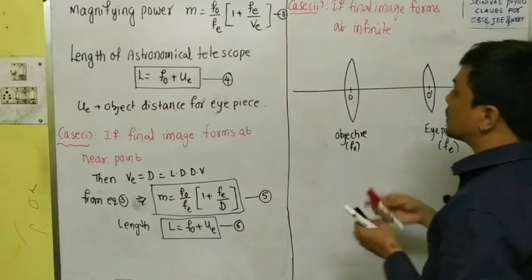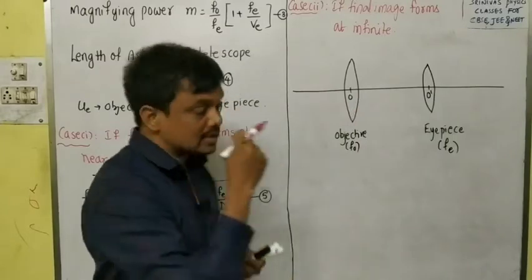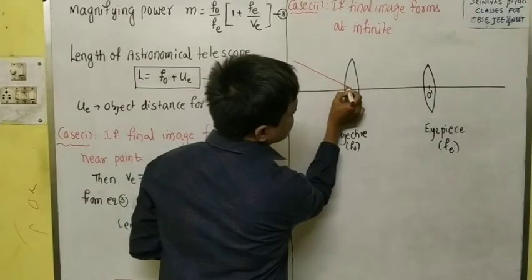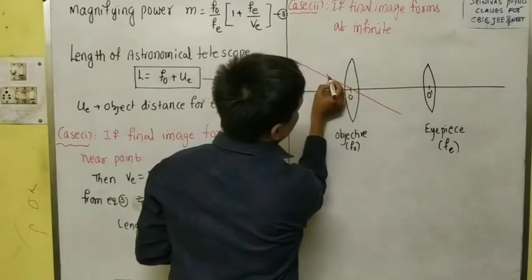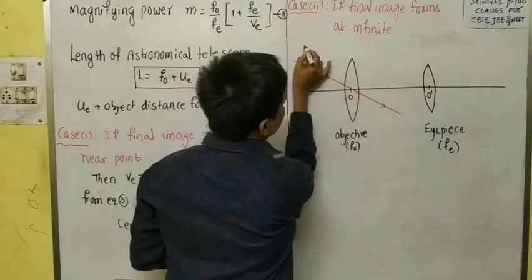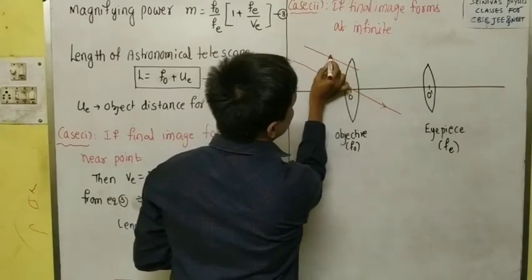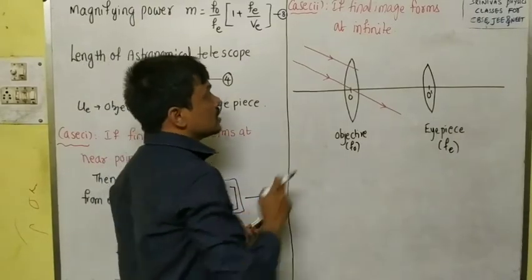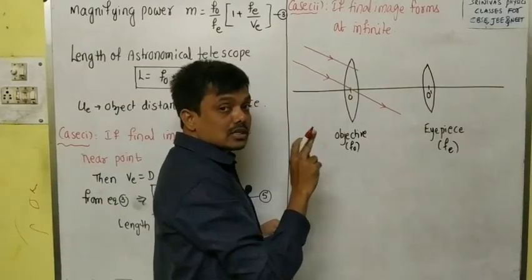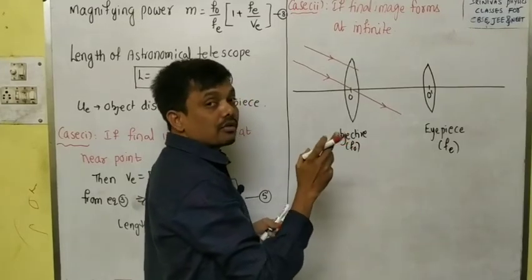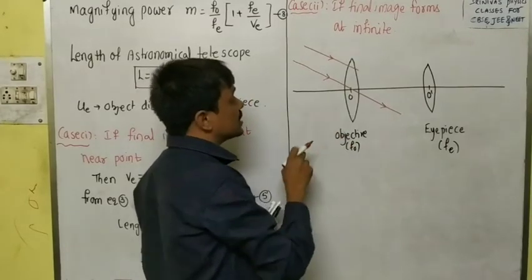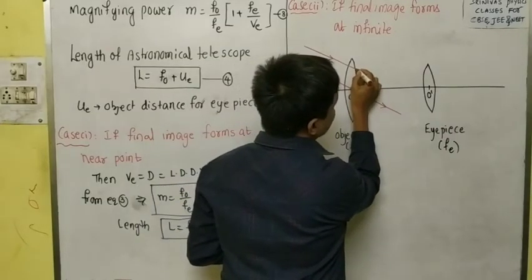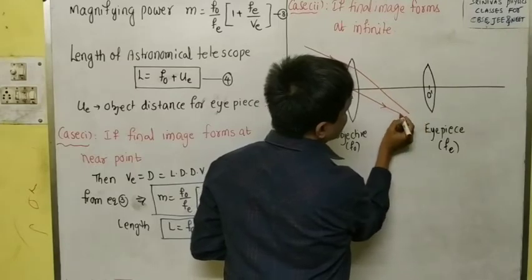The object is at infinite distance, so the light rays start parallel. Let us take one light ray that passes through the optical center; it goes straight without any deviation. Let us take another light ray parallel to this one. Why are these two light rays incident parallel? Because we are taking the object at infinite distance. This astronomical telescope is used to see stellar objects, which are at a very far distance. We can take their object distance as infinite. Then this light ray will be refracted here, and it will meet at one point.